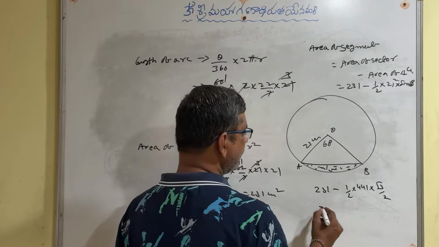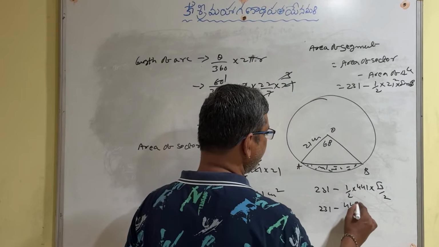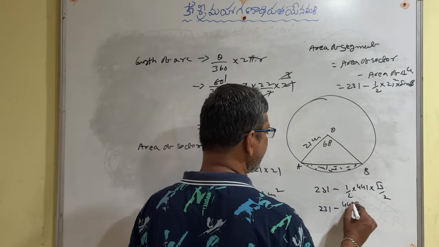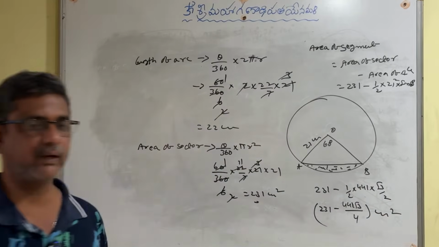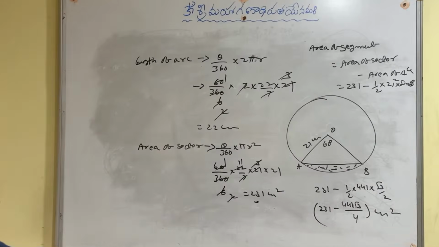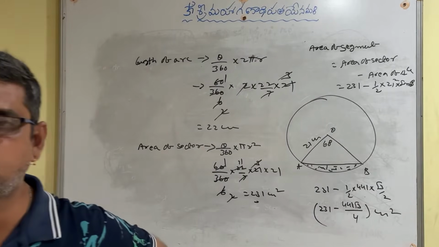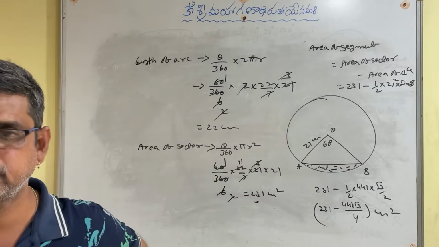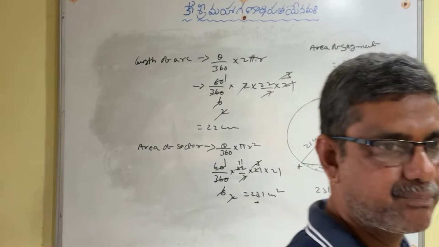So the overall area of the segment is 231 minus 441 root 3 by 4 centimeter square. That's all. You can leave it like that. No need to simplify. Okay?